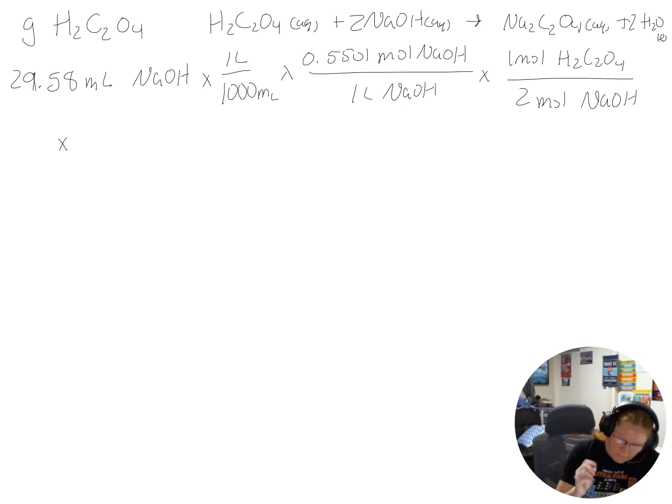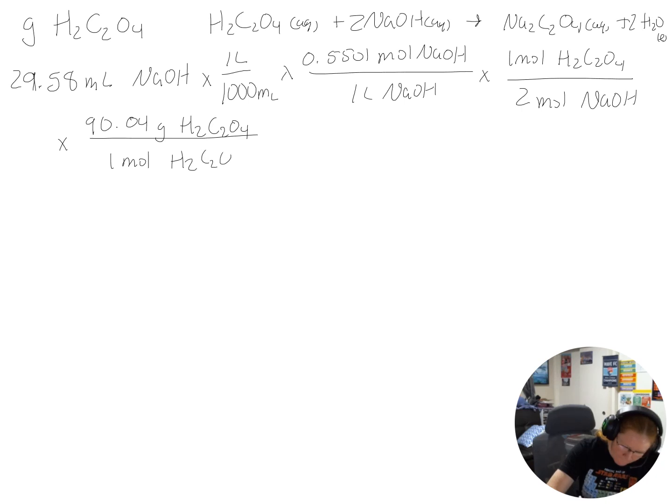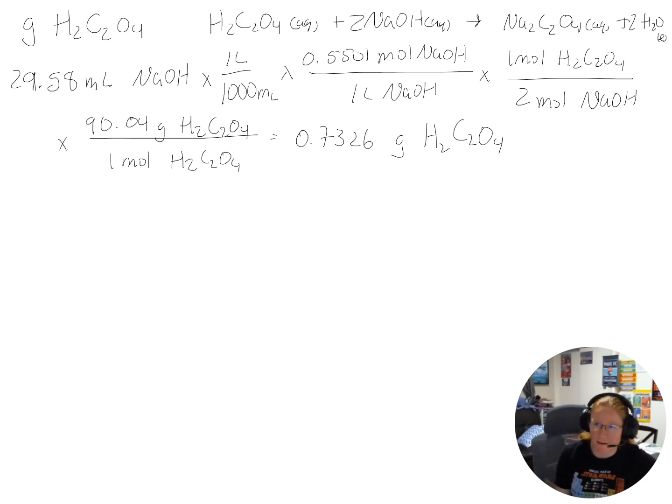And then we need the molar mass, and for oxalic acid it is 90.04 grams in every 1 mole. And we're going to get 0.7326 grams of our oxalic acid.